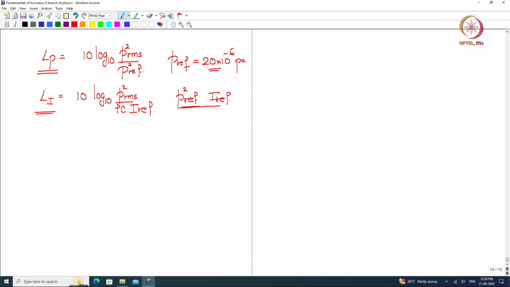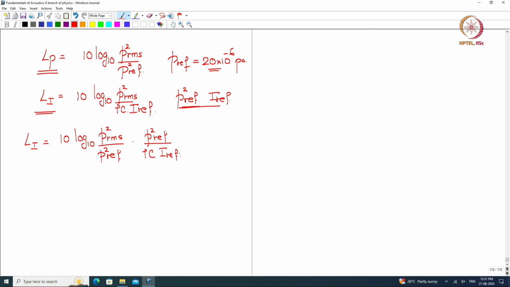Now if we work with LI, which is 10 log to the base 10 of P square RMS by P square reference, divided by P square reference by rho C I reference.